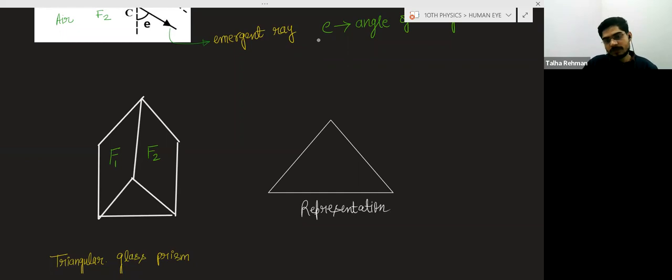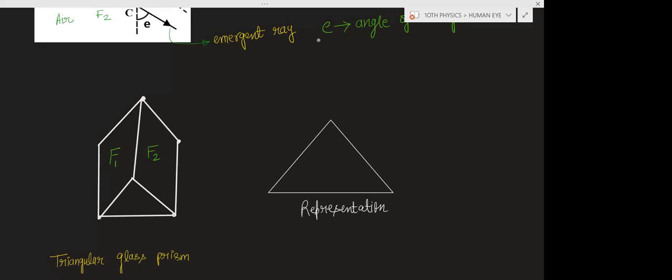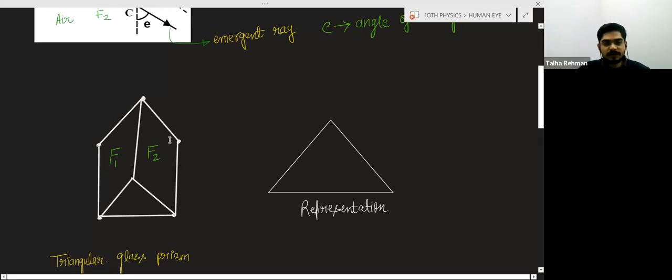Azaan, basically this is actually what the glass prism is in reality. Can you tell me how many rectangles are there in this glass prism and how many triangles are there in this glass prism?